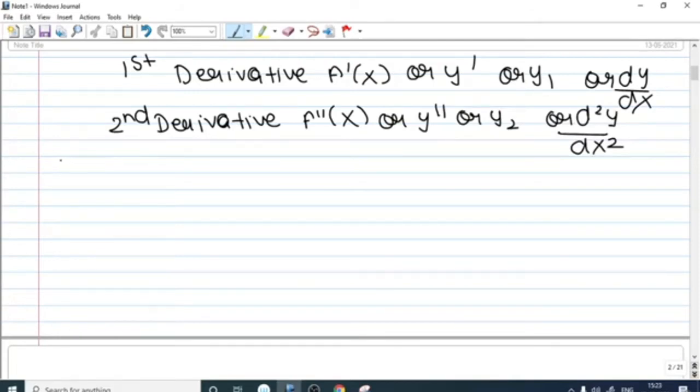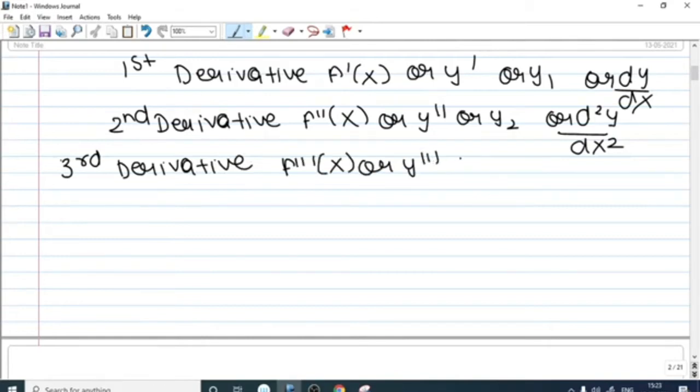After this, if I ask you the third derivative, you can easily say it is f triple dash x, or y triple dash, or y3, or d cube y by dx cube. So this was the first, second and third derivative respectively.